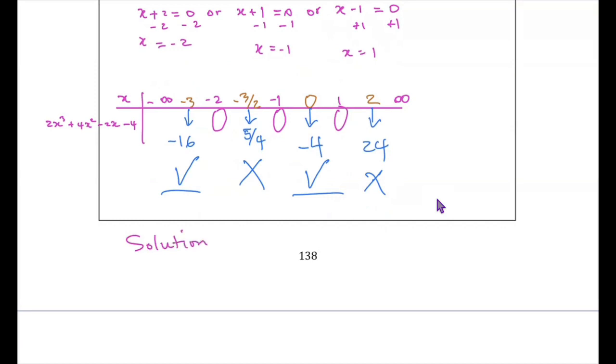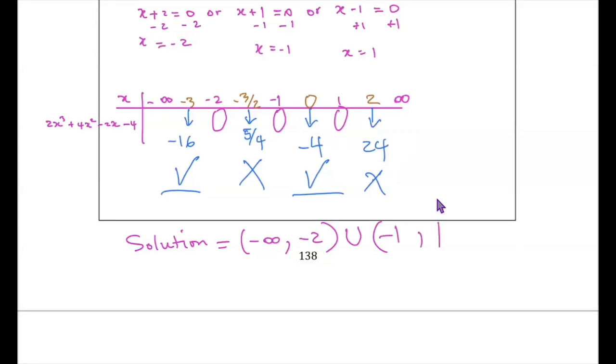The solution will be from -infinity to -2. We're not taking the -2 value because we're strictly solving for the expression less than 0. And then we're also taking the interval from -1 to 1.